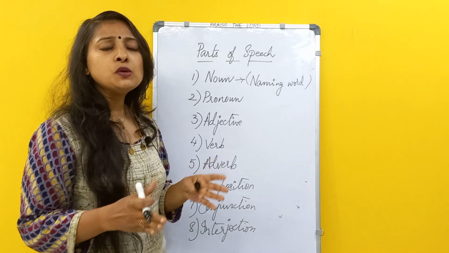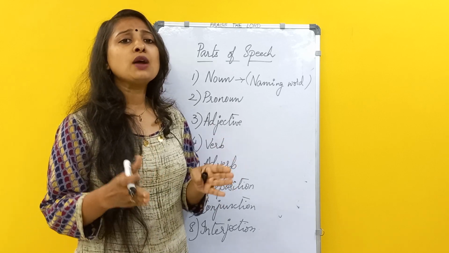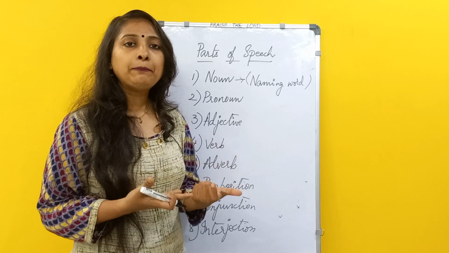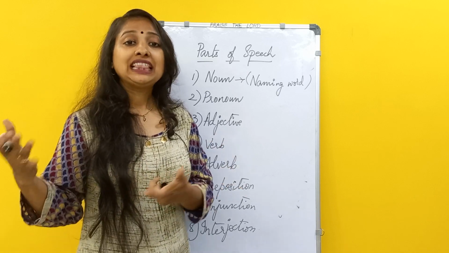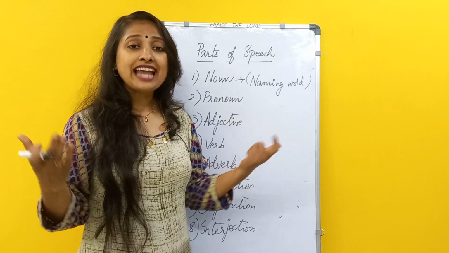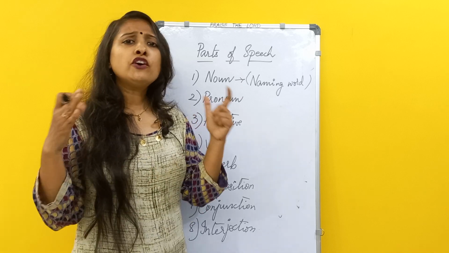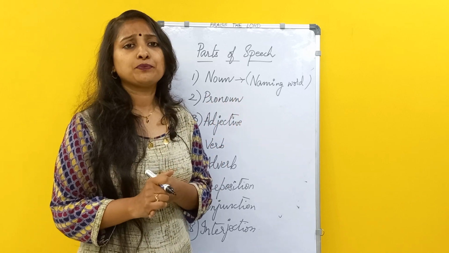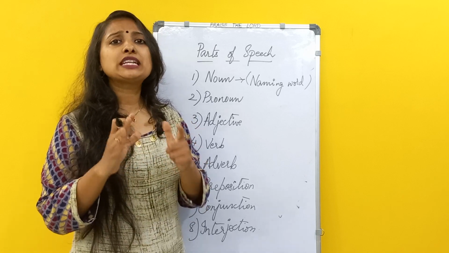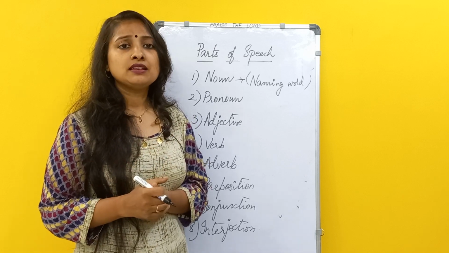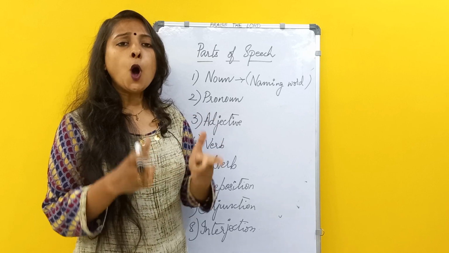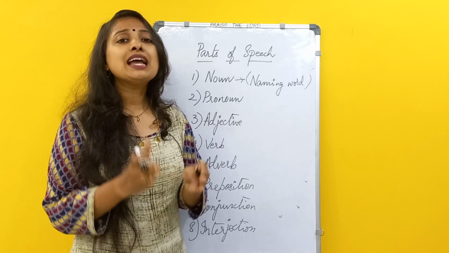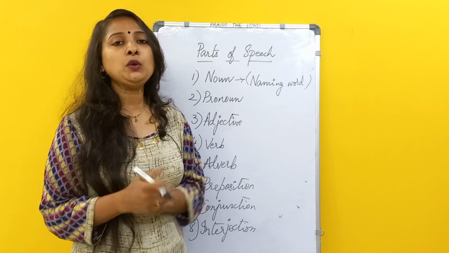That means nouns are words used for giving names: names of people, things, animals, and even classes. If we want to express some ideas or concepts, all these things come under nouns. So nouns are, in simple terms, naming words.